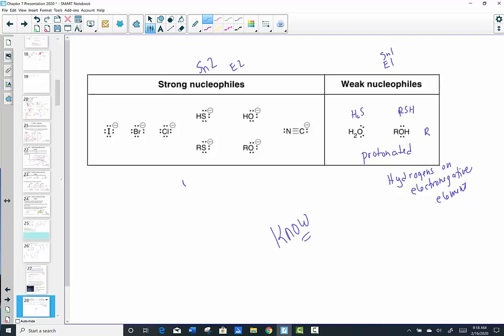Notice over here in the strong nucleophiles, these all carry negative charges. So one of the conditions to recognize strong: iodide, bromide, chloride. You can see the negative charges. And I would rank these as being the strongest nucleophile, which is largest, to the weakest nucleophile, which is the smallest atom.